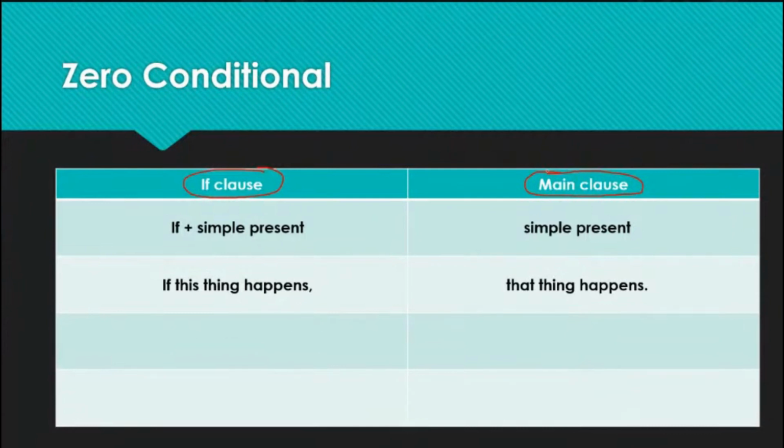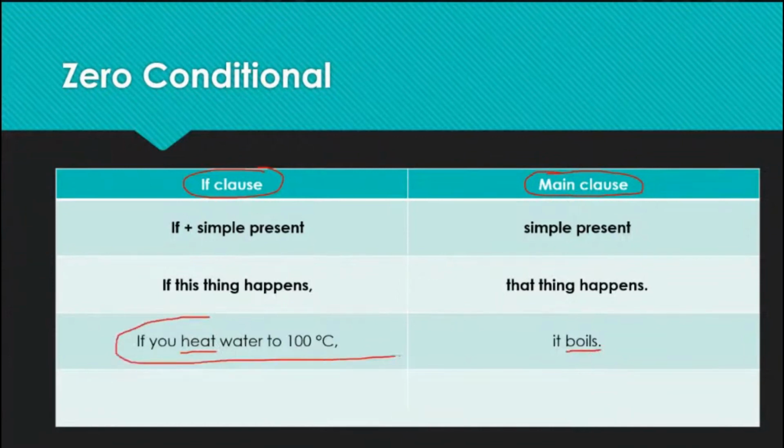For example, I might say, if you heat water to 100 degrees Celsius, it boils. We can see here in this example, I'm using simple present. If you heat, it boils. And I'm just sharing a general fact, right? If you do this, this happens.